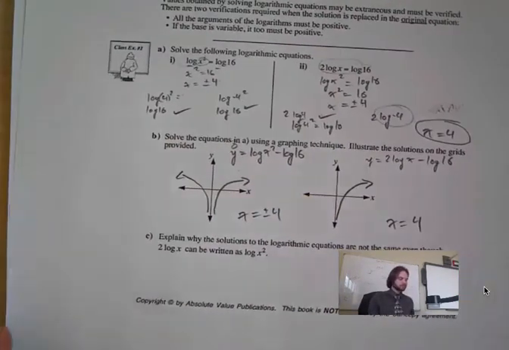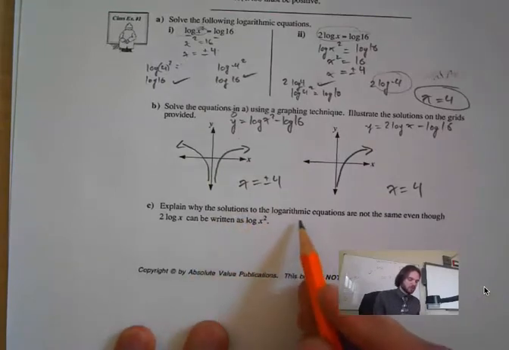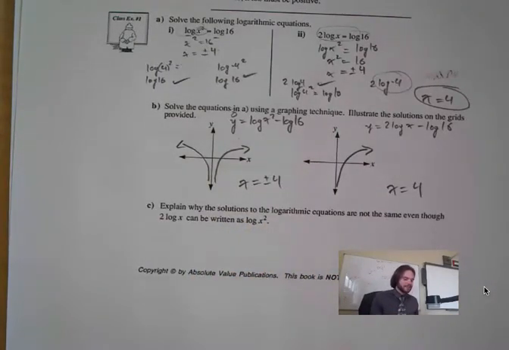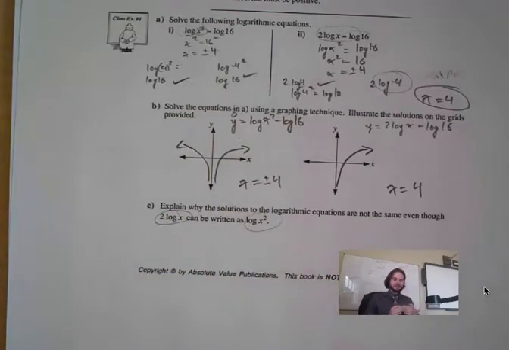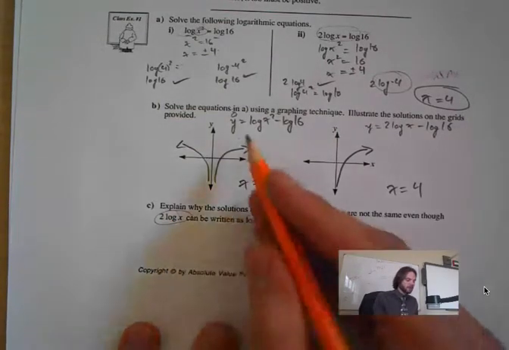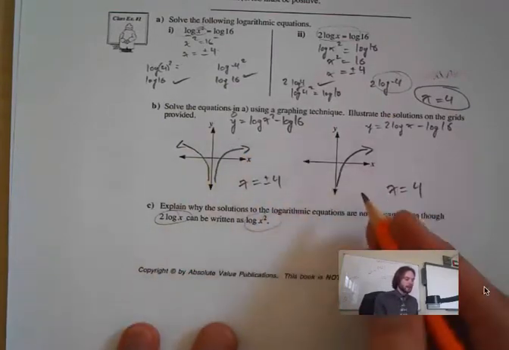All right? Now explain why the solutions in the logarithmic equations are not the same even though they look the same. Why can this be written as this, yet they do not equal? Well, if I look at this here, we're going to compare my domains.